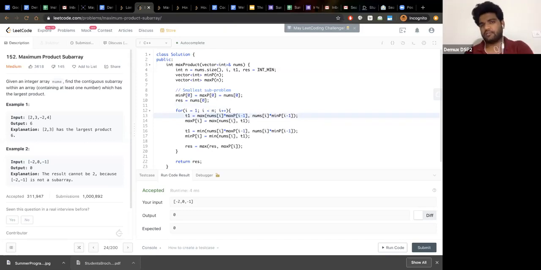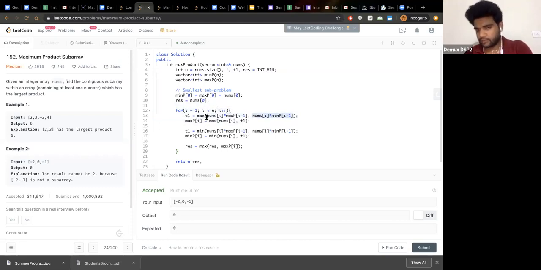You could use if else also. Right, Karan? Did you understand this? I have just encapsulated that in this. I have said always take the max of both: either multiply it with minimum or multiply it with maximum, and take the maximum. You could use if else, I'm not saying you cannot. If nums i is positive, then take this; if nums i is negative, then take this.